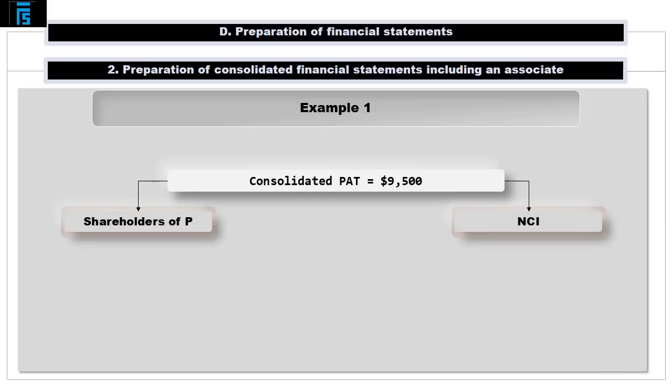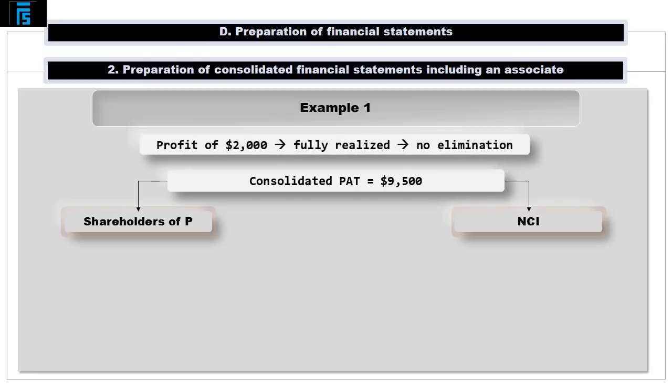Because the goods which were the subject of the intra-group transaction have now been sold on to outside customers, the €2,000 profit which was initially made by P has, from a group perspective, been fully realized and does not require any elimination.